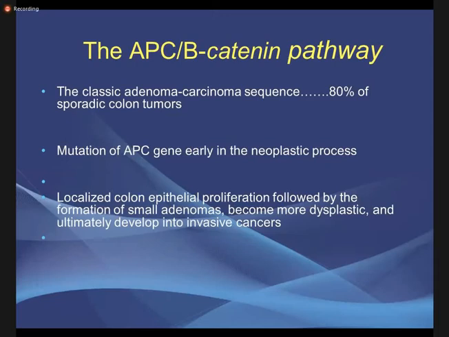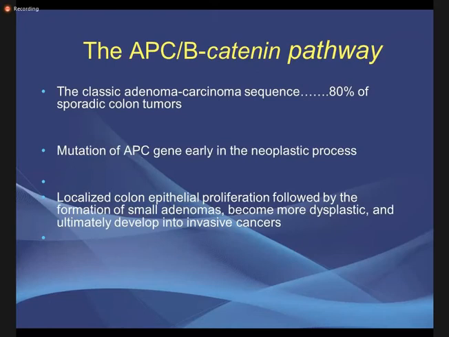So first of all, there will be proliferation of the colonic epithelium, which is normal, and it will form adenomas. Adenomas are benign tumors of glandular origin. Then they become dysplastic. Dysplasia means that the normal cells are replaced by cells which have mutations, and on histology they appear as irregular cells with loss of nuclear polarity, nuclear polymorphism, and hyperchromasia.